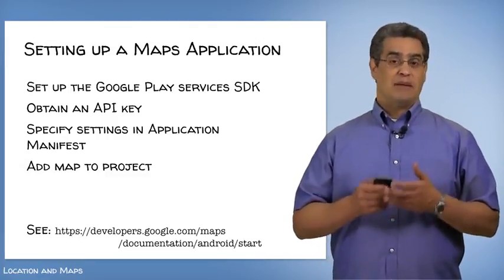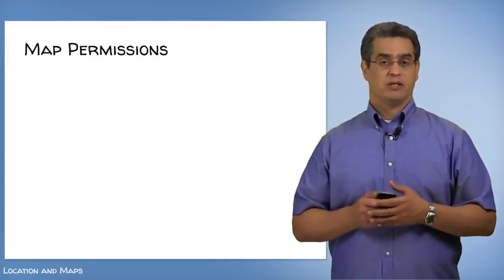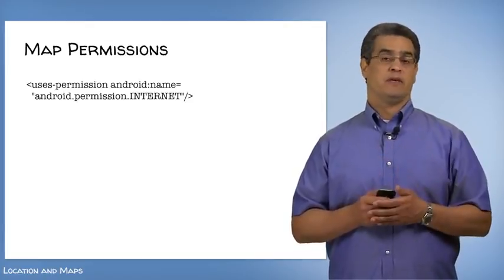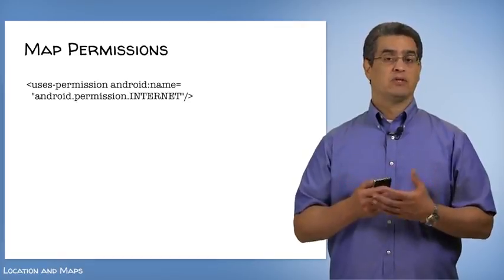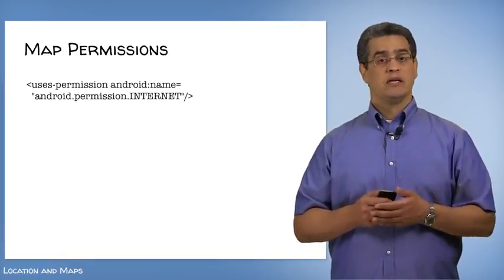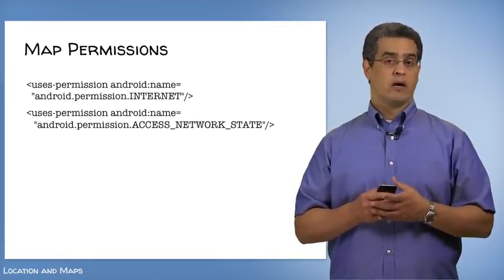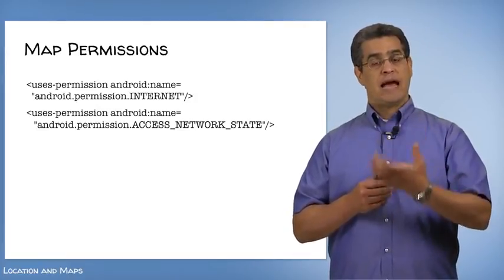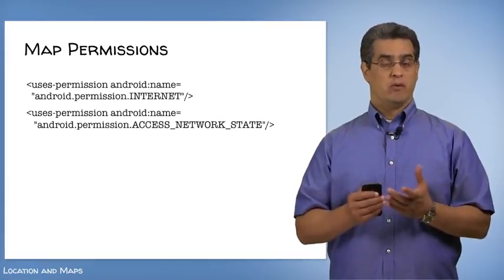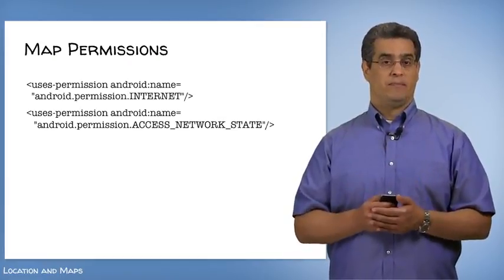In order to use the maps, you'll need to include several permissions. You'll need the internet permission so that map images can be downloaded from Google Maps servers. You'll also need the access_network_state permission, which the Maps API uses to determine whether it can download data.